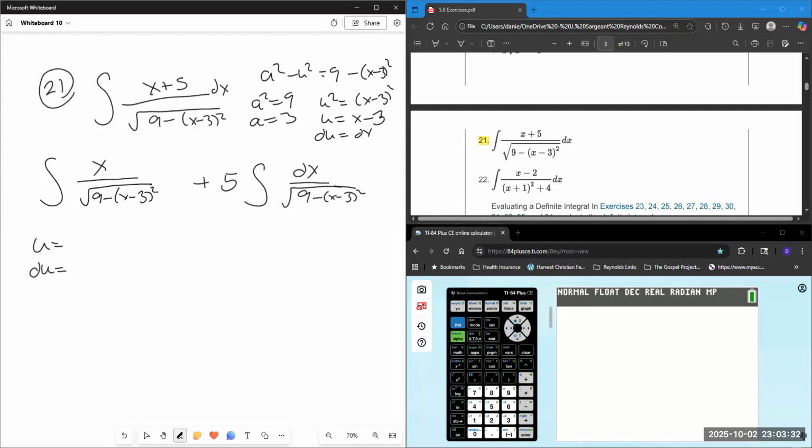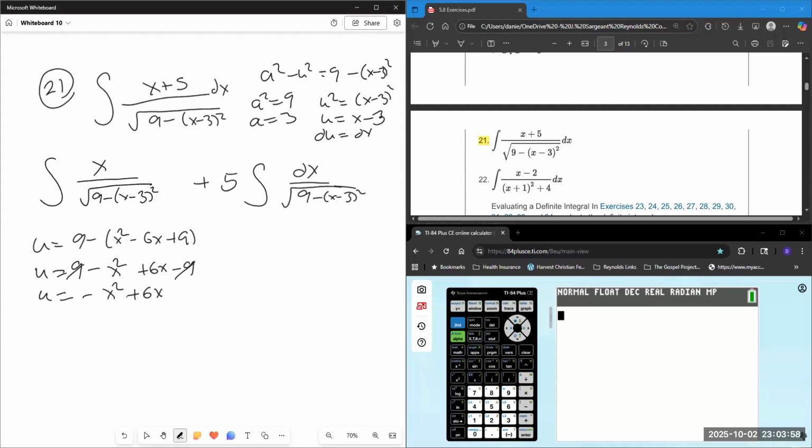But let's make this 9 minus x squared minus 6x plus 9, which is going to make this equal to 9 minus x squared plus 6x minus 9, which is going to be a negative x squared plus 6x.